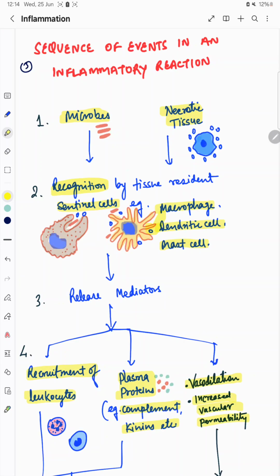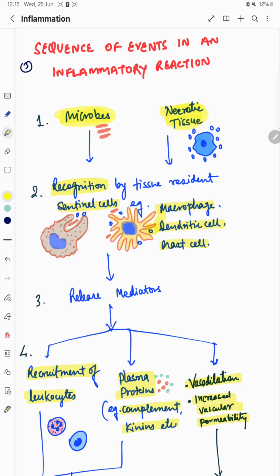The sequence of events in an inflammatory reaction. So what events occur in an inflammatory reaction? First of all, microbes or an infective agent or tissue necrosis will be there.